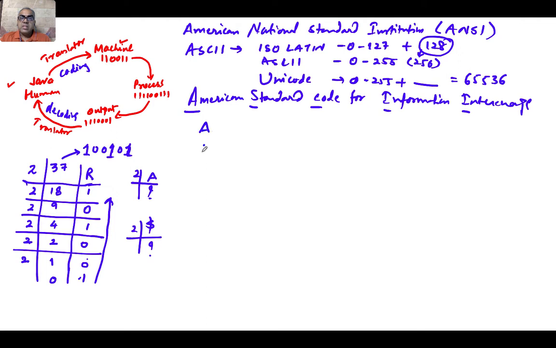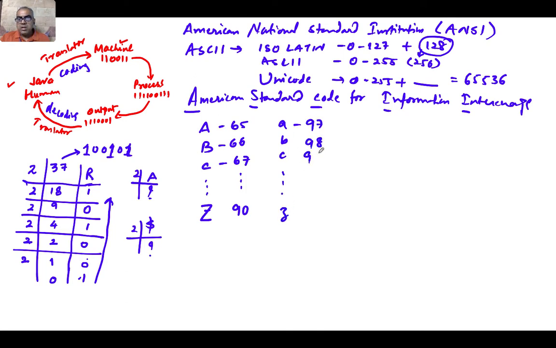For alphabets, the numbers have been given as A to Z is 65, 66, 67, and so on till 90. The small alphabets a, b, c till z are 97, 98, 99 till 122.